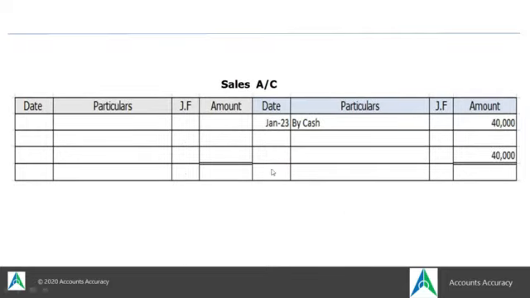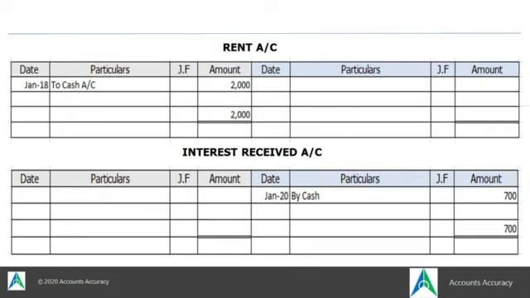Again we are not doing the balancing of the sales account, simply the total of that side, that is the right hand side, 40,000, and this total goes to the trading account, which you will read in the final accounts chapter. You prepare the ledger this way, and remember, don't do the balancing of nominal accounts. Only the balancing of real accounts and personal accounts will be done.